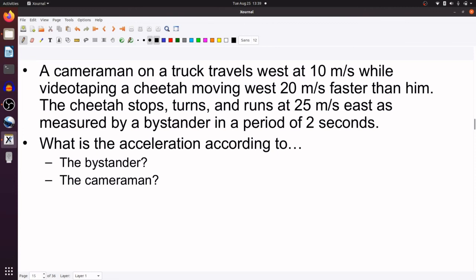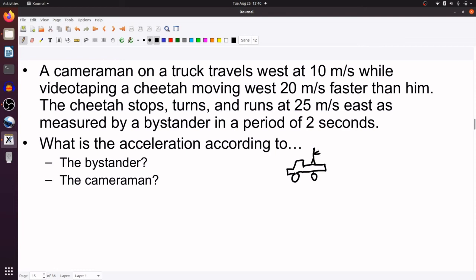All right, this needs to be drawn out, otherwise we'll never solve. Okay? All right, so I'm going to draw a pretty truck. Here is my truck.